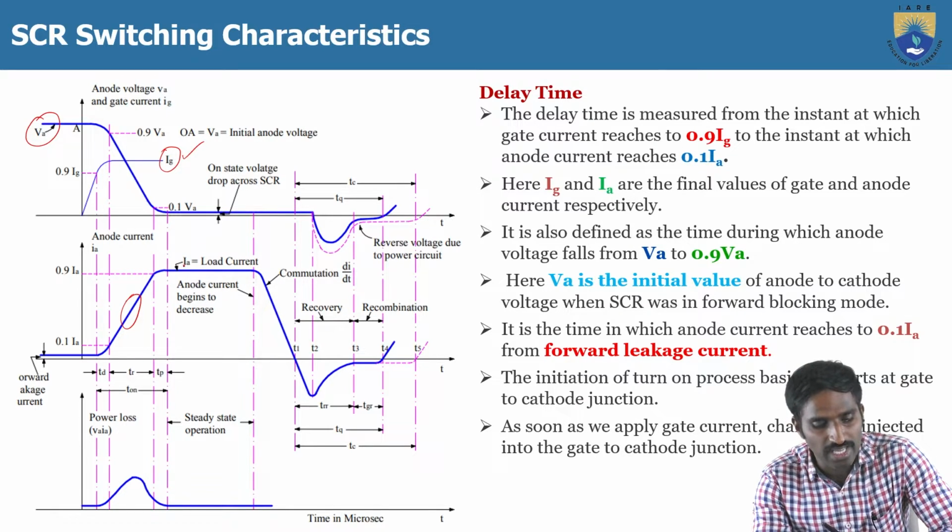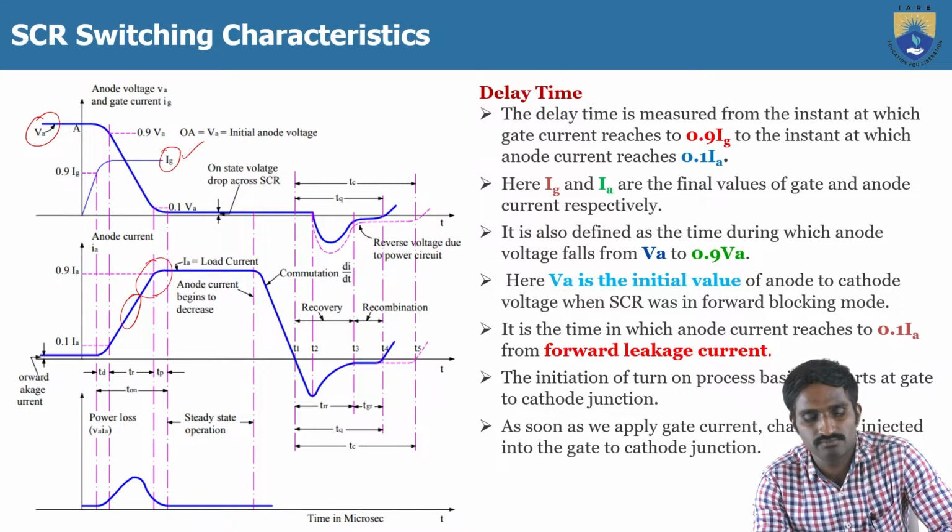And the anode current: not only must you apply the forward biased voltage and a gate current greater than the minimum gate current, you must also keep applying them until the anode current reaches the latching current.